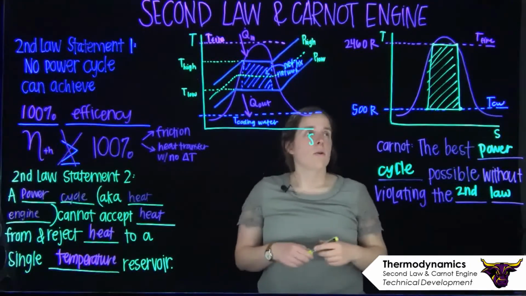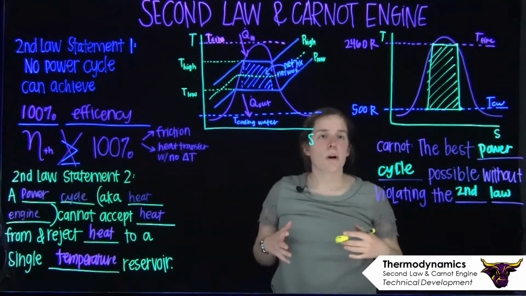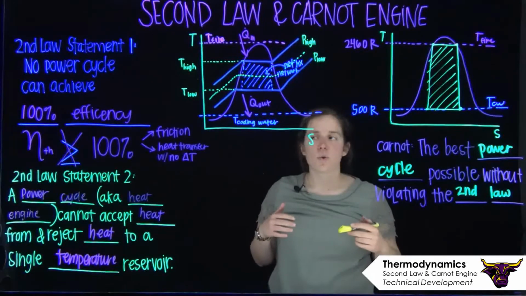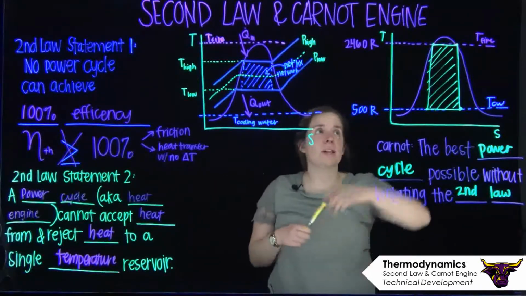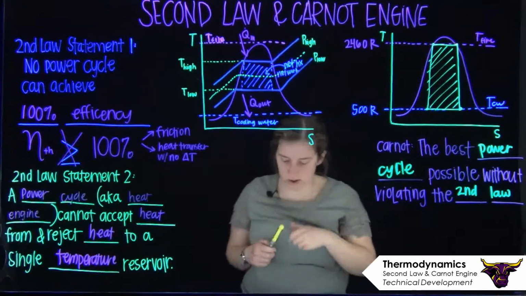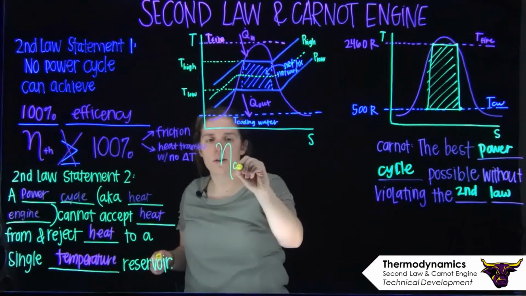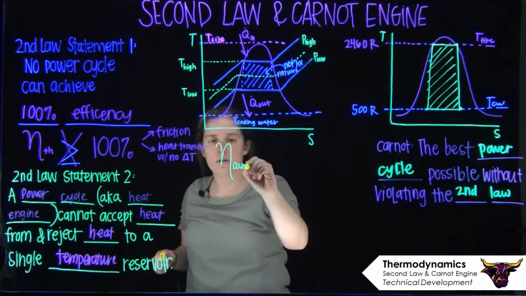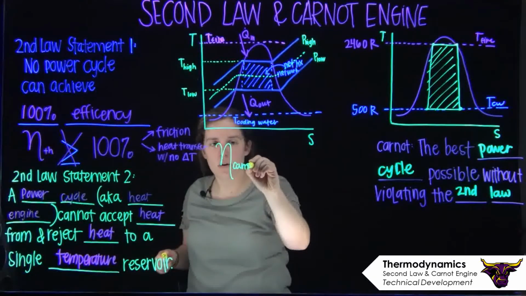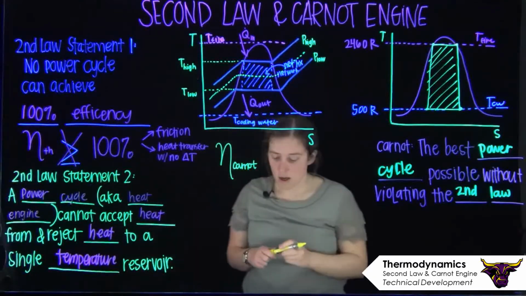So since we maximize this heat transfer process, let's now figure out just how efficient we are if we maximize these temperatures. And that's something that we can then pull the efficiency equation. So the efficiency, oh boy, Carnot, I'm struggling spelling today.